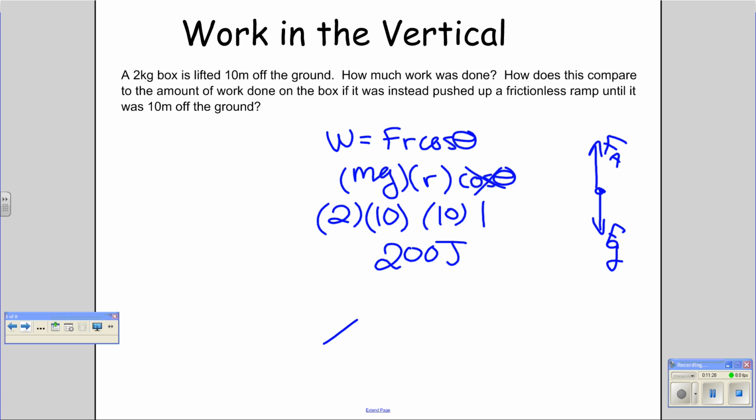Now if it was lifted up an incline, which is the second part of this question, you would have an angle at which you did work, but you would have a longer distance. So if you worked it out and did the math, you'd actually find out that the same amount of work was done for both.